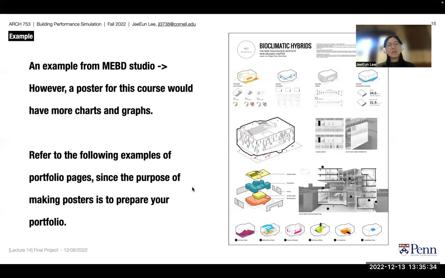But since I wanted you to make the posters to prepare your future portfolio, you can just stick to your portfolio formats or anything, but think about how you want to visualize your work process with the limited number of pages.